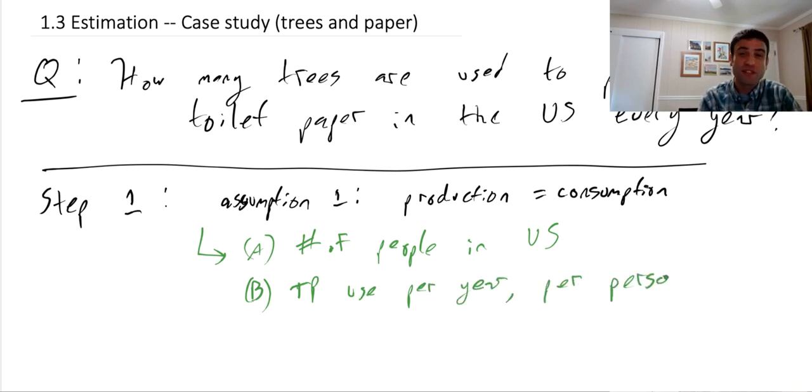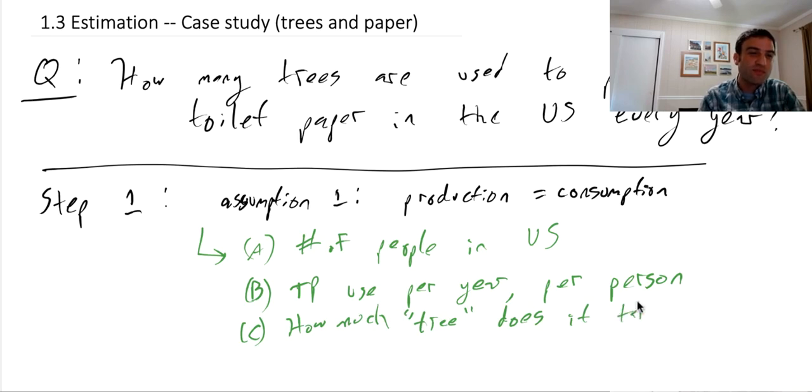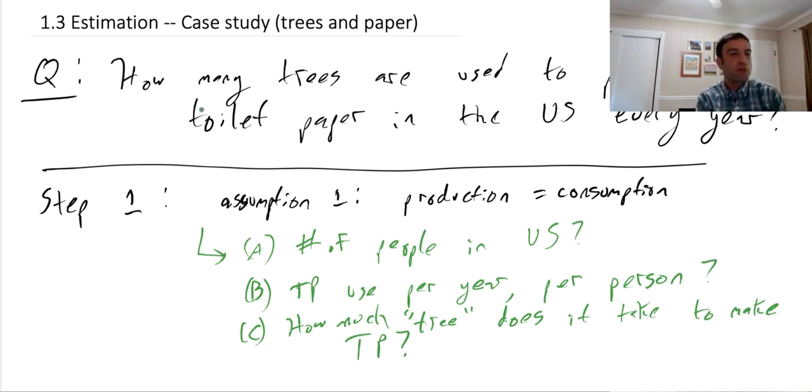And then item C might be, how much tree does it take to make toilet paper in the first place, right? So I've taken this big problem, how many trees do we need every year, and broken it down into a set of things that are individually easier for me to estimate, right?